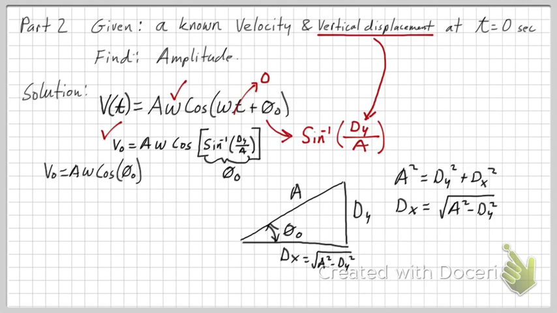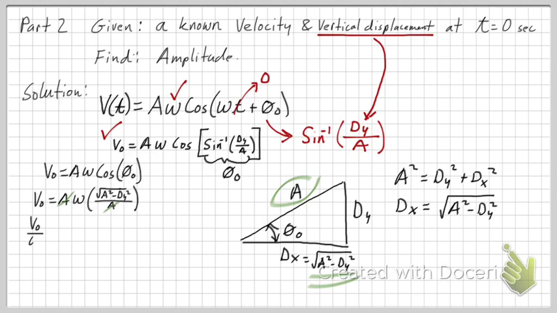What is cosine? It is adjacent over hypotenuse. So my adjacent is this very bad looking thing, and then there's my hypotenuse. So let's put that in. And that is the cosine of theta naught, if I knew all that stuff, which I do, except for amplitude. The rest is algebra. A little messy, but the rest is algebra.